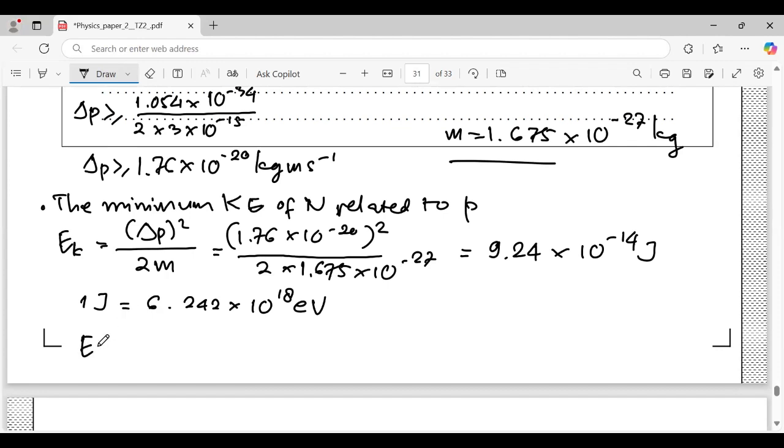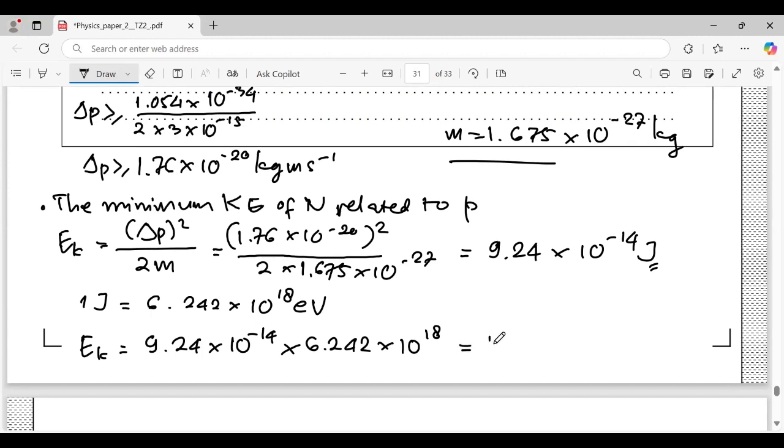So the kinetic energy equal 9.24 times 10 power minus 14 joule, multiplied by 6.242 times 10 power 18.